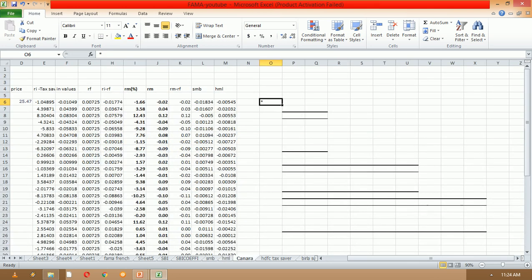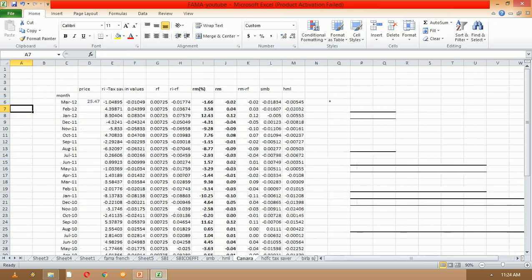So now we have to calculate the expected rate of return, that is the Fama French value for every stock. For this, I have taken it like this: for 3 years monthly return, and this is the return of tax saving mutual fund schemes in percentage.